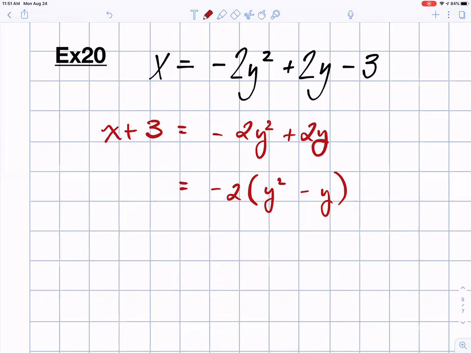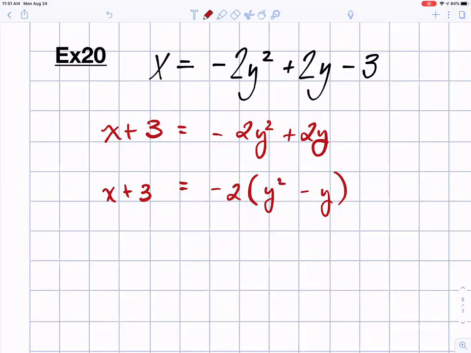Okay. How am I going to get rid of that -2? Still trying to get rid of the -2. What should I do next? Divide both sides by -2. What's another option? And it's an option that we've done a couple times today. Multiply by the reciprocal. That's the easier option.